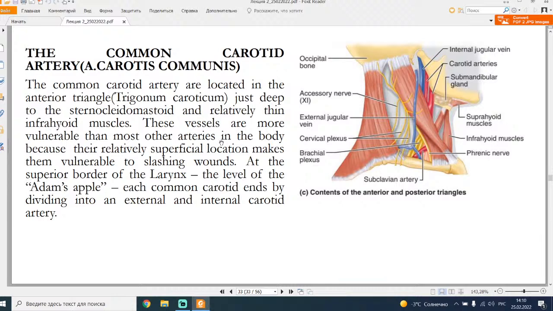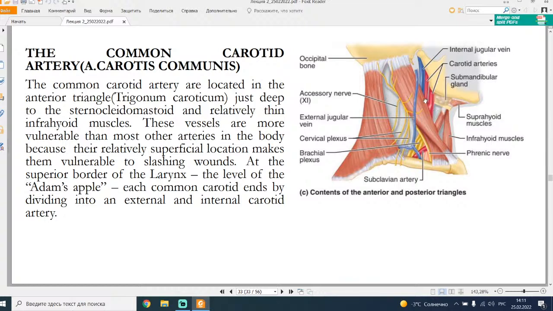The common carotid artery, arteria carotis communis. The common carotid arteries are located in the carotid triangle, trigonum caroticum, just deep to the sternocleidomastoid and the infrahyoid muscles.